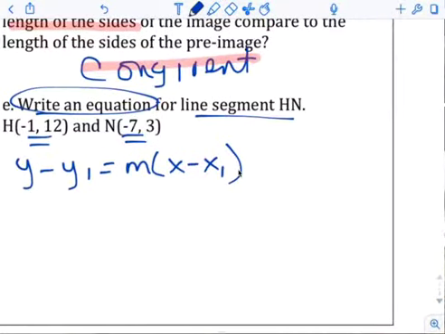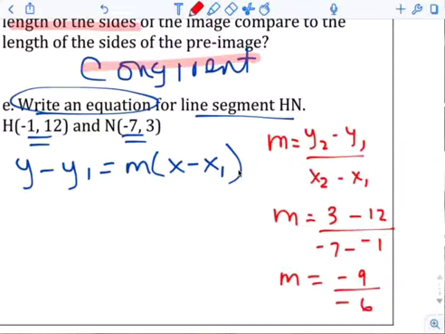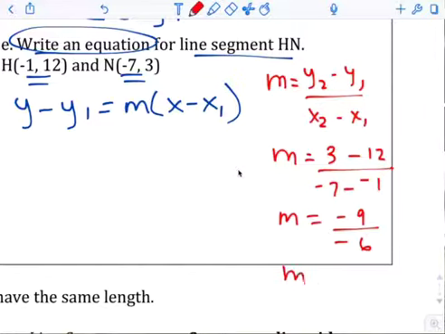Find the slope, find the rate of change. m equals y2 minus y1 over x2 minus x1. m equals 3 minus 12 over negative 7 minus a negative 1. m equals negative 9 over negative 6. m equals 3 over 2.